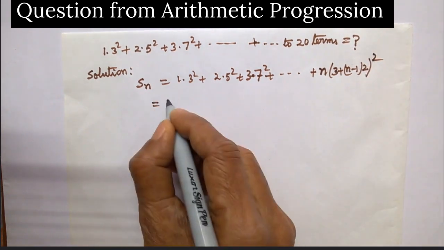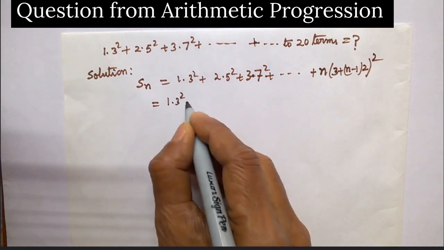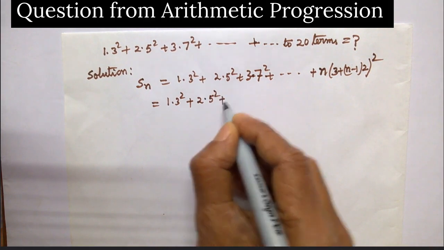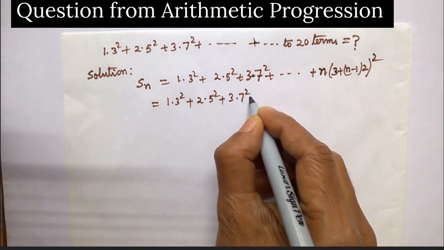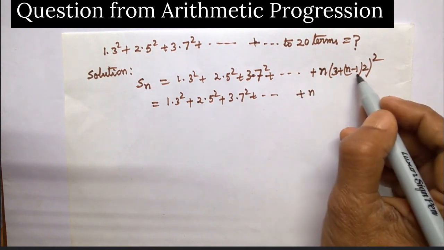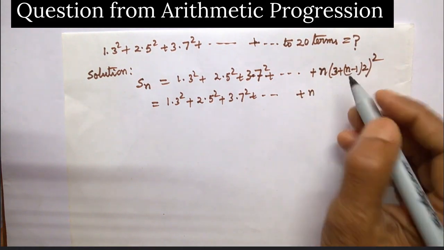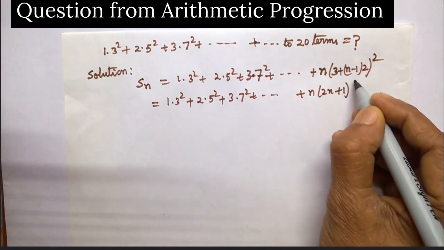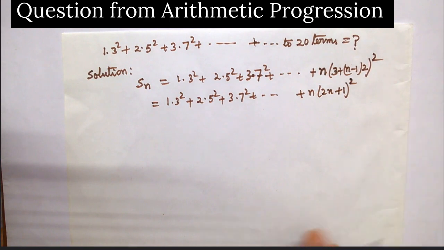Again write one step: 1 into 3 square plus 2 into 5 square plus n into (2n minus 2 plus 3, so 2n plus 1) whole square.